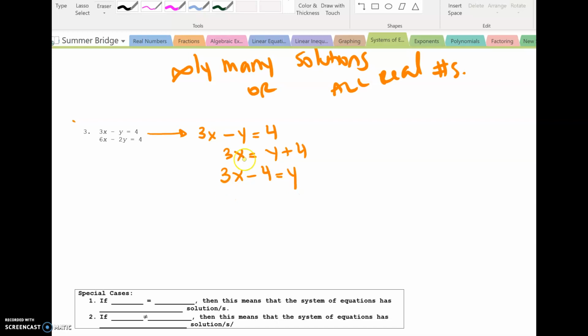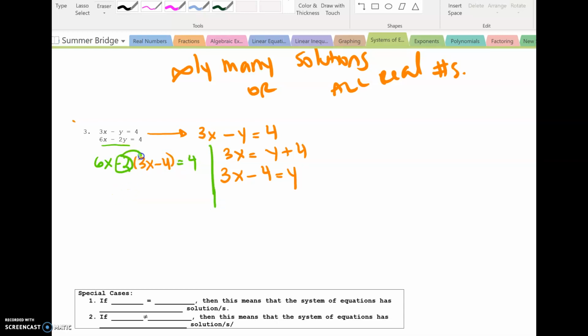So I'm going to plug my expression that I defined for y, which is 3x minus 4, into the y in the second equation, which I'm going to use in green. So I have 6x minus 2, and I'm going to plug in 3x minus 4 is equal to 4.